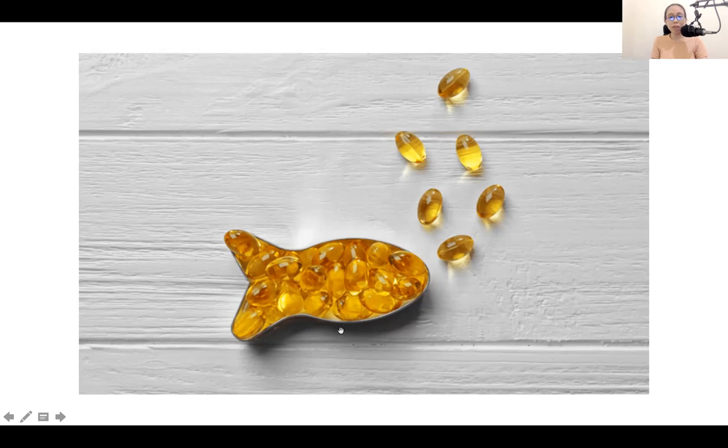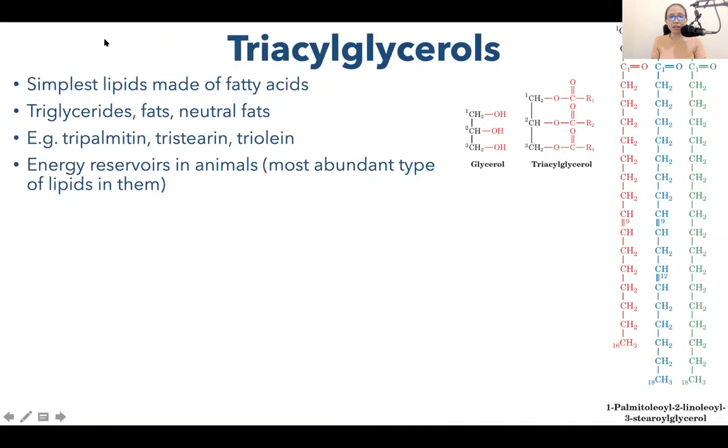So yung mga omega-3 fatty acids, aside from fish oil, meron din sila sa leafy vegetables. Ayan. Okay. So that is for your fatty acids.